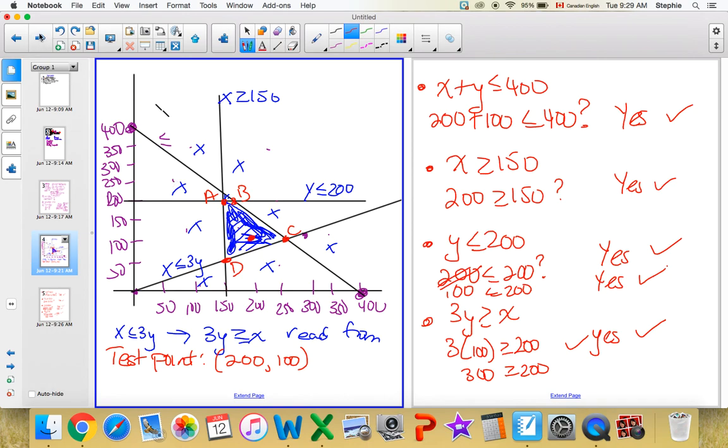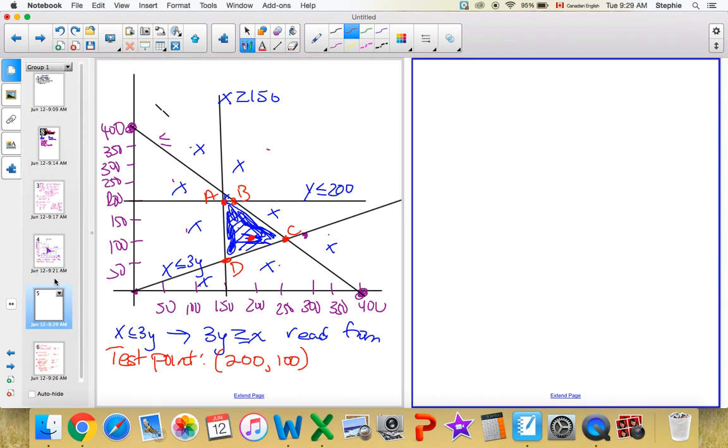So I'm going to go to another screen. But because I need the space, I'm going to just add a page over here. Okay, so for A, I'm pretty sure it's going to be 200, comma 150. Oh, the other way around, sorry. 150, comma 200.